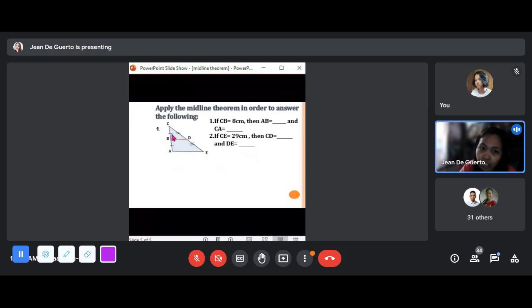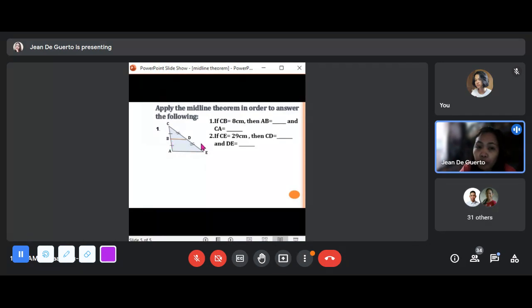Ito, tig-isa sila ng mark. So that means that point B is a midpoint of segment AC. Likewise, since segment CD and segment ED have similar markings, tigdadalawa sila ng guhit, ibig sabihin pareho sila ng measurement. That means point D is the midpoint of line segment CE.